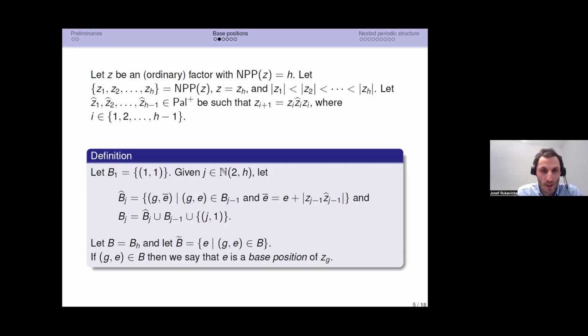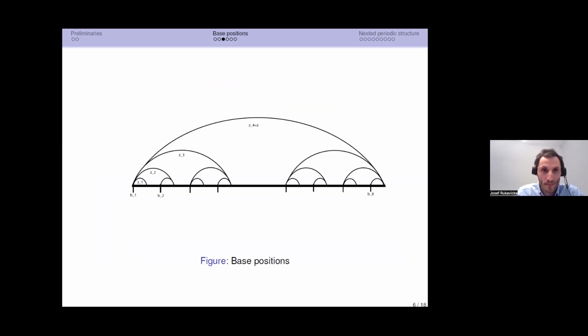I will include it in the next versions. Probably, I think it will help. Okay, here's the picture. I have the factor Z, and these half circles that you can see are the palindromes Z1, Z2, Z3, and so on. For the picture, I consider that H is equal to 4.